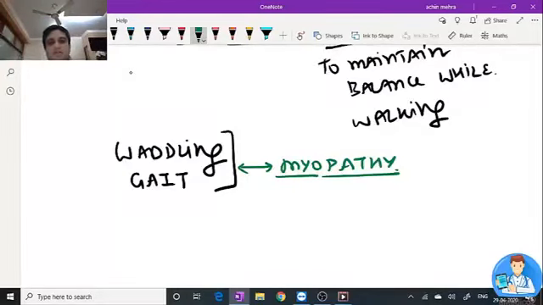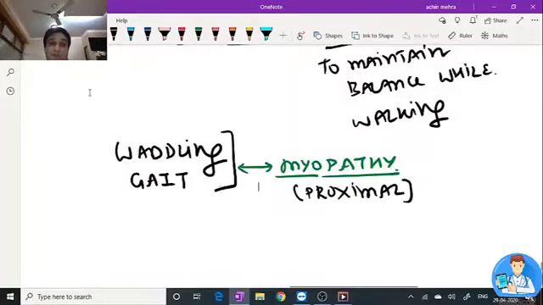So there's a disorder known as myopathy which comes to me with a waddling gait. Remember this small clue that will really help you. Most of the myopathies that I know are proximal myopathies. That means the hip muscles are really weak, right?